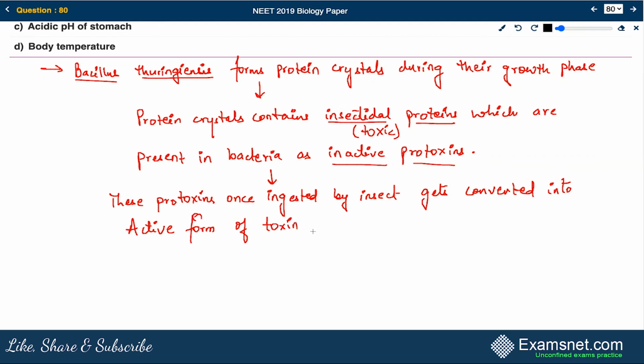Why are they converting into the active form of toxins? It is because of the presence of the alkaline pH of the gut of the insects that is activating it.